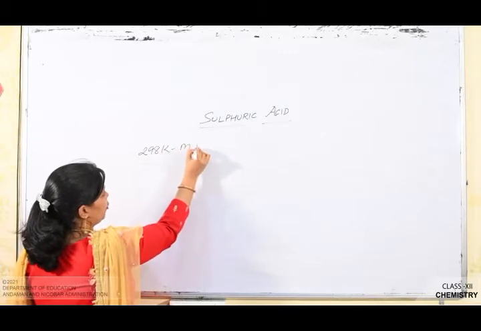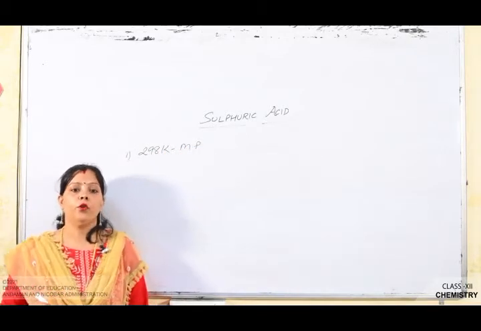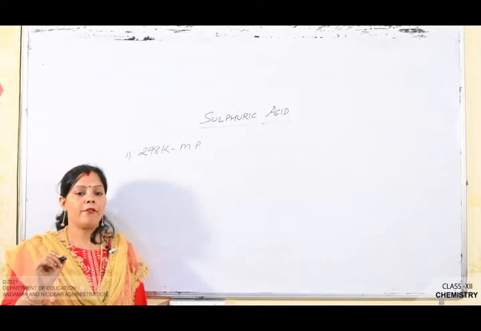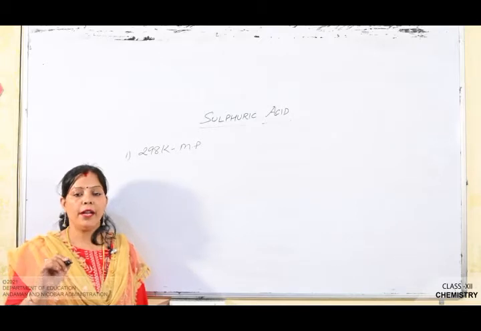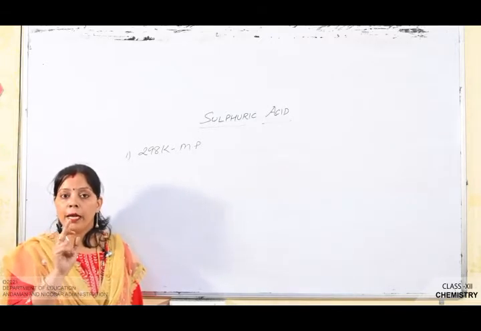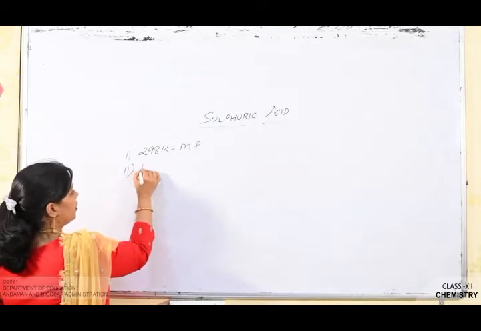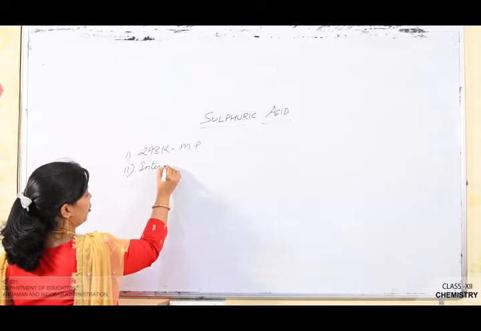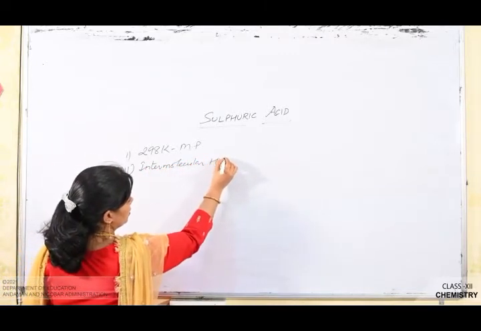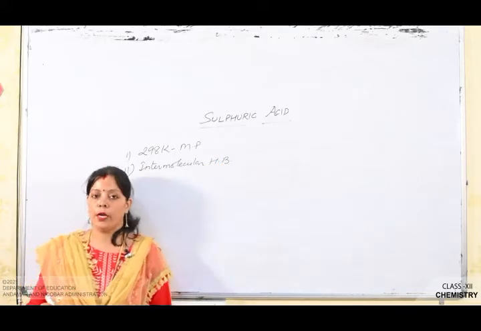Second, H2SO4 generally boils at 611 Kelvin and freezes at 283 Kelvin. One important reason for the high boiling point of sulfuric acid is the intermolecular hydrogen bonding. Due to this intermolecular hydrogen bonding, sulfuric acid has a very high melting point and boiling point.